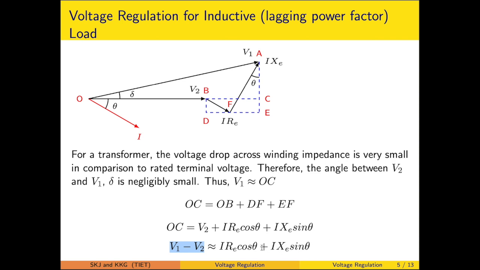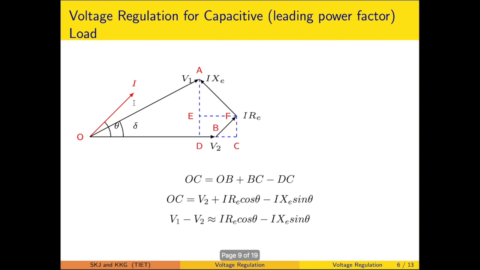This plus sign is coming out because the load is of lagging power factor nature. When we go for the capacitive load or the leading power factor load, the current is leading the secondary voltage V2. So this terminal voltage is marked as it is.